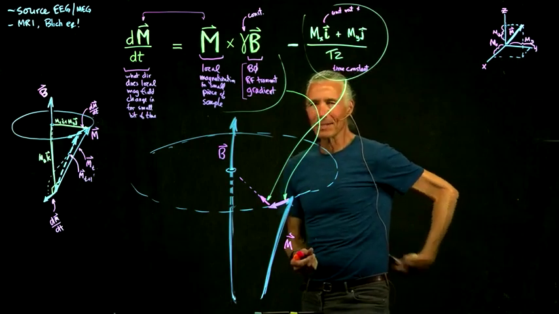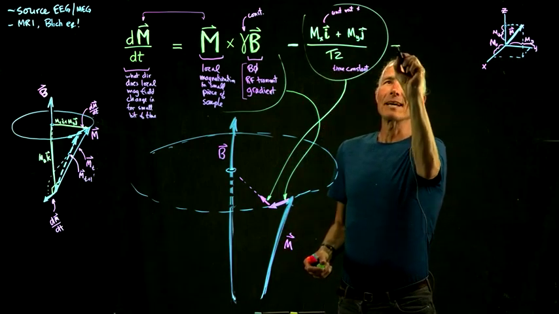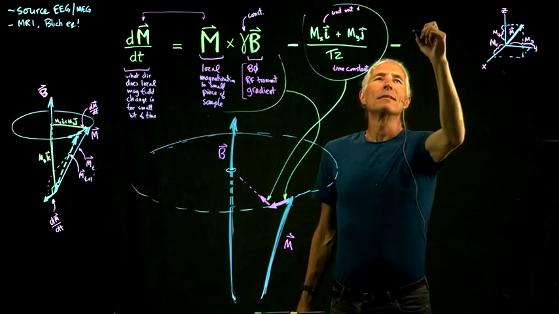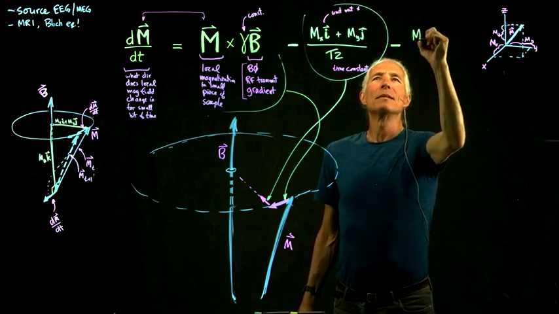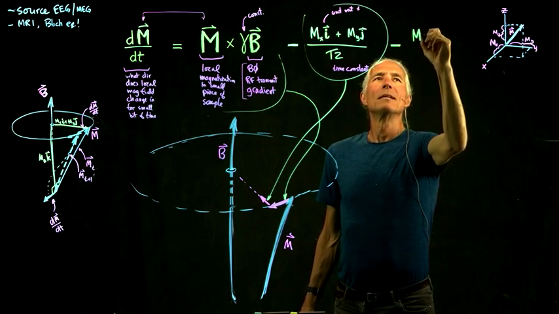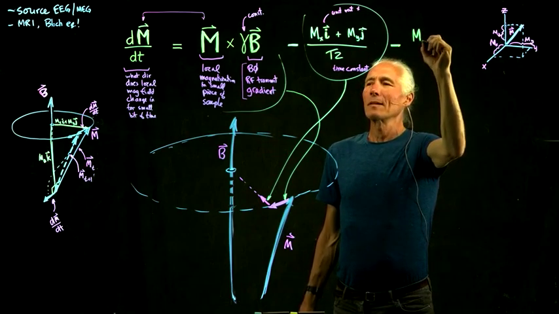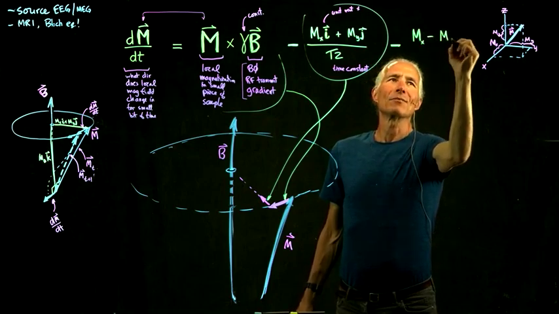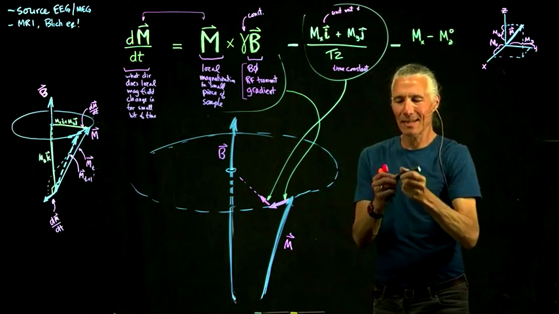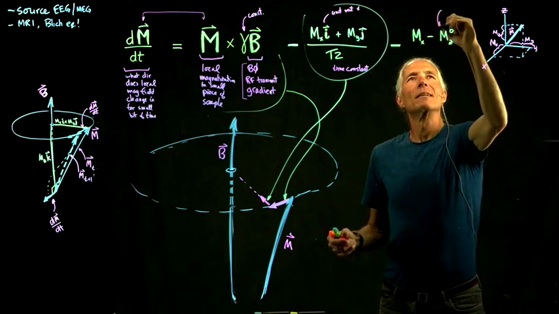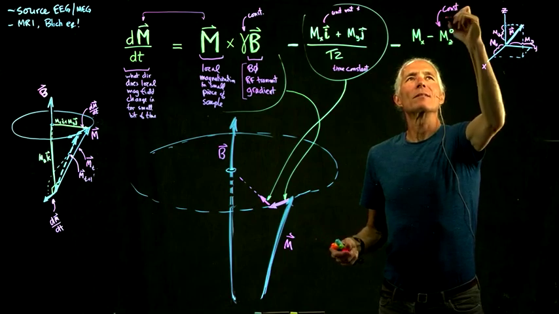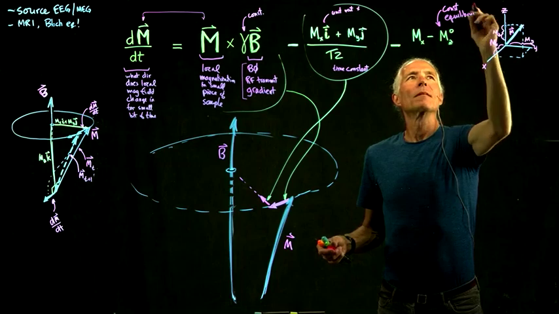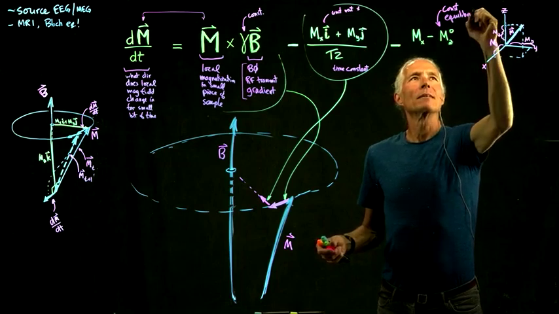Okay, so we're almost done. We got one more decay. And so the one more decay is the mz minus mz0. So that's one more constant. So this guy is a constant, and it's called the equilibrium magnetization.